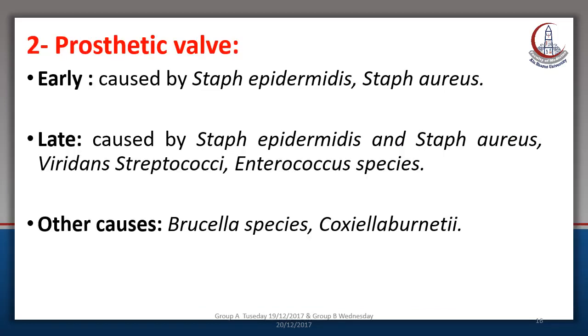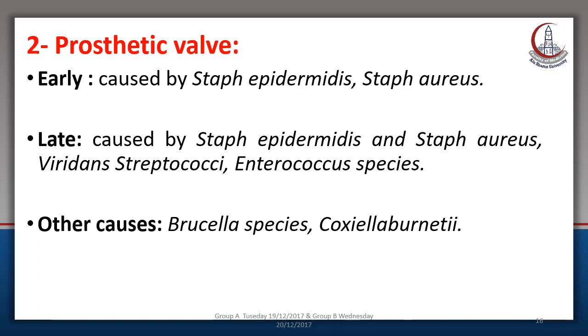First, native valve. By sub-classification according to the source of pathogen, it may be community acquired or healthcare associated. Community acquired is caused by virulent streptococci, Staphylococcus aureus, or Enterococcus species.